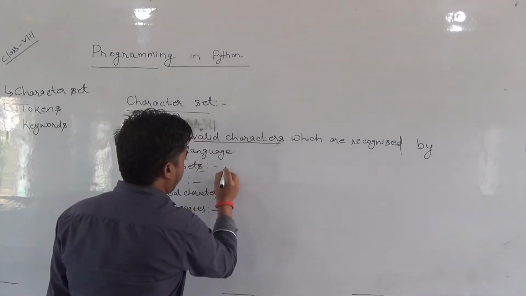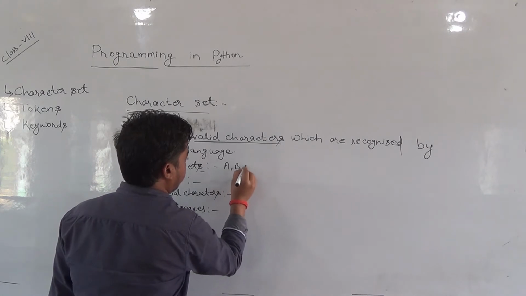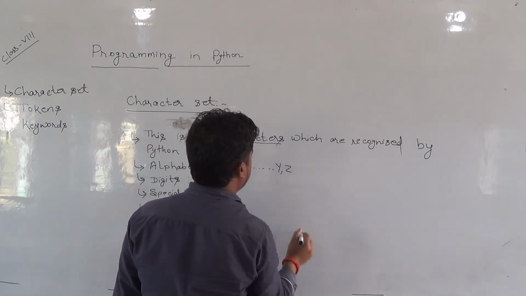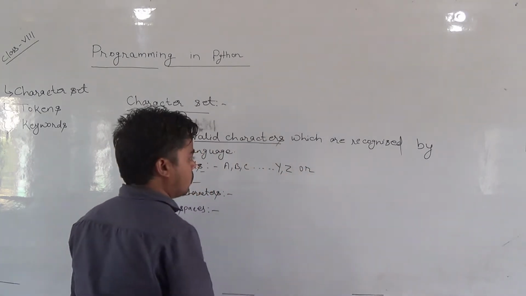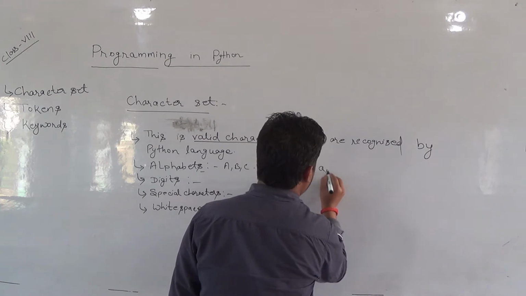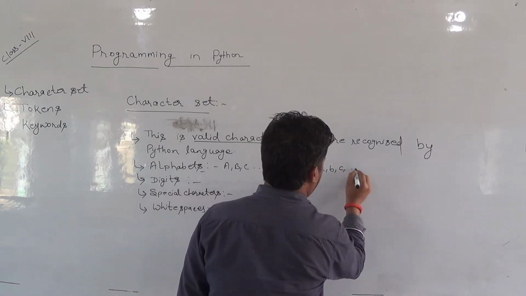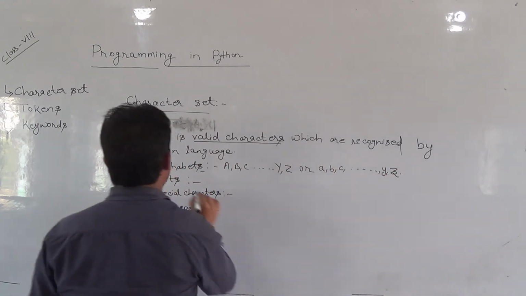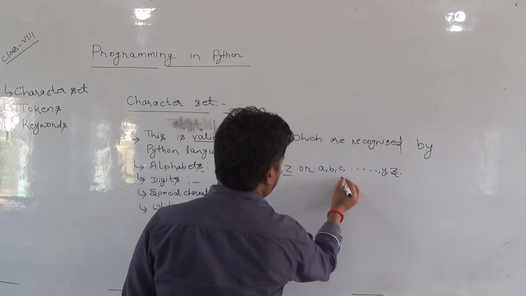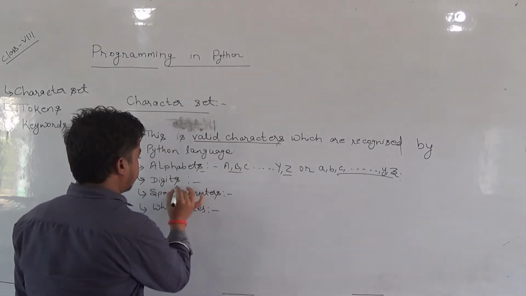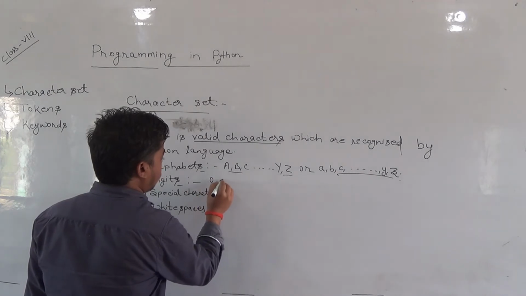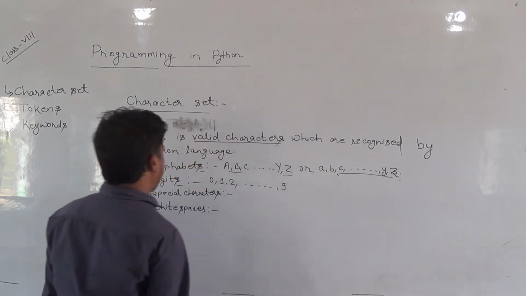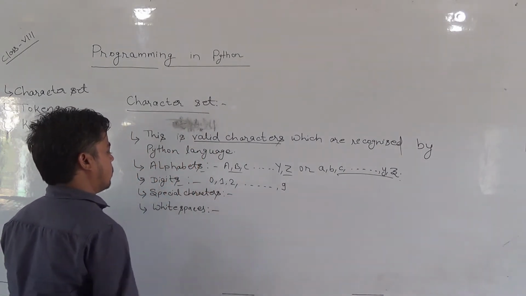First of all, we will see alphabets. Under alphabets, what will come? A, B, C, up to Y, Z, or also small characters a, b, c, d. Next is digits. So 0, 1, 2 to 9. Under digits, all these will come.